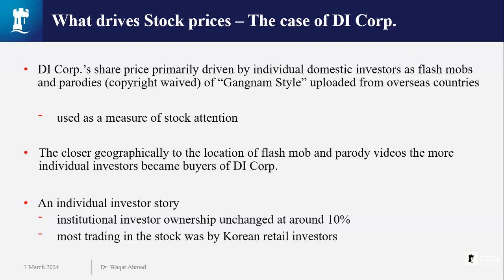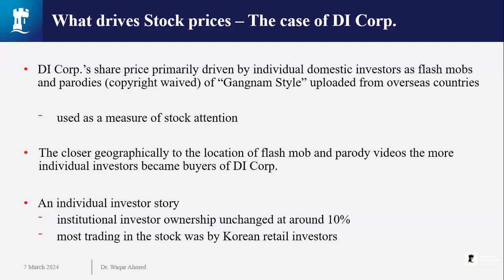So essentially, what do you see? How can we explain this irrational behavior? An increase of 800% in the share price of DI Corp. This is essentially an individual investor story. It's not about cash flows, right? It's not about the risk of the stock, right?